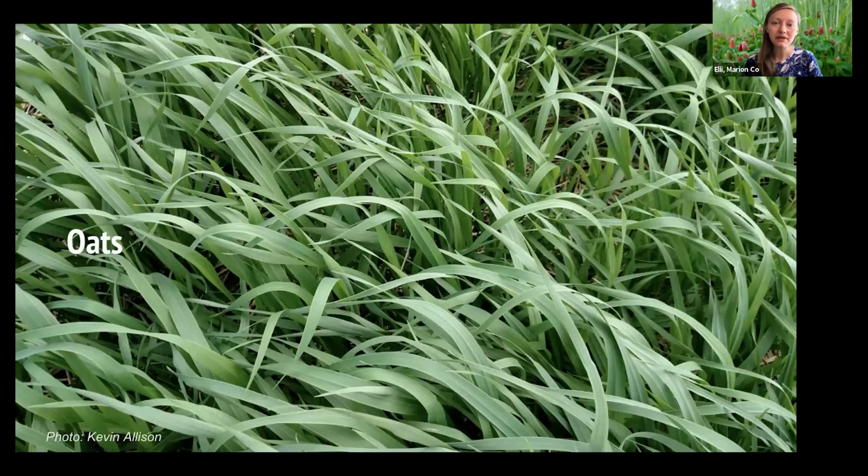So oats are what I would say, if you take only one thing away from today, I would recommend that you try adding oats into your vegetable production strategy and rotation for the fall. They are kind of the easiest to play with in that they are a winter kill species.